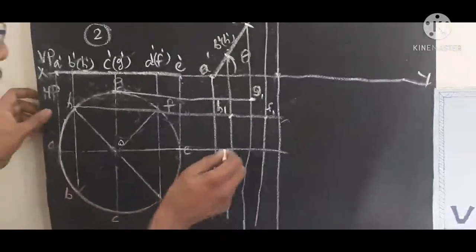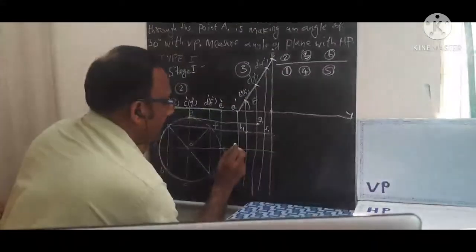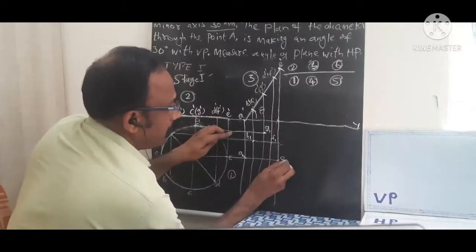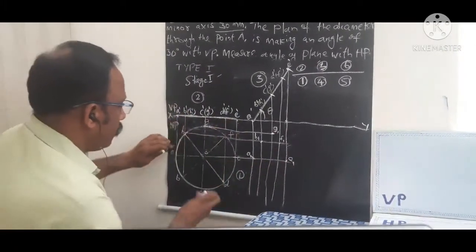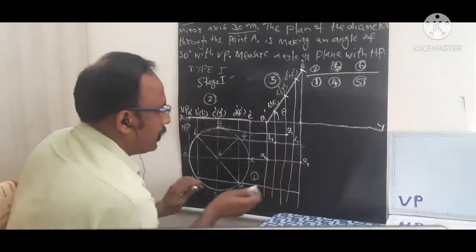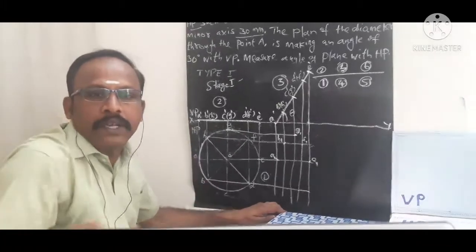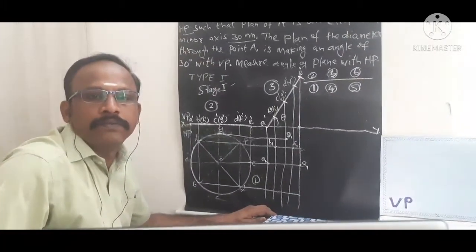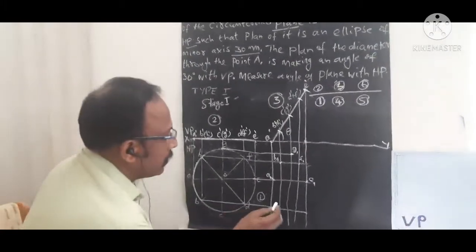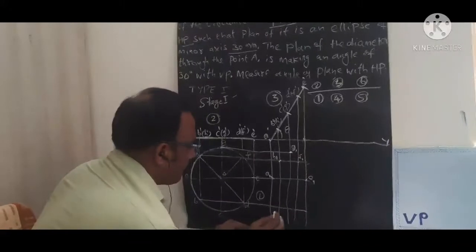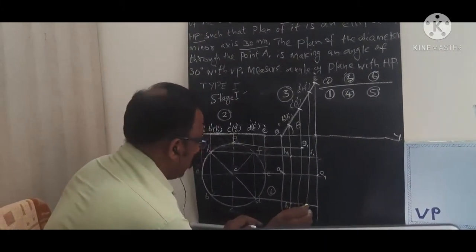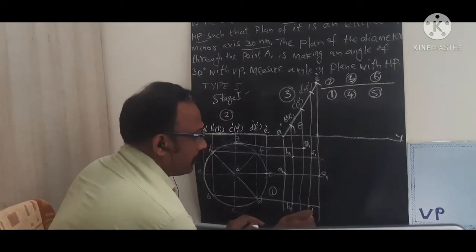Now we need to mark this point, because A dash will come here. This is A1, and this is E1. Similarly you draw the horizontal lines from B and D, and mark the meeting points here. So this point I call B1, and this point I call D1.